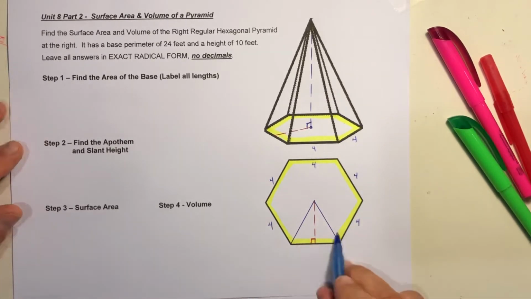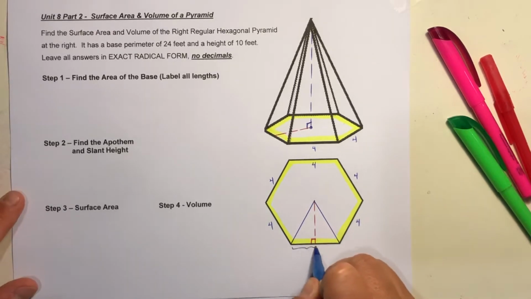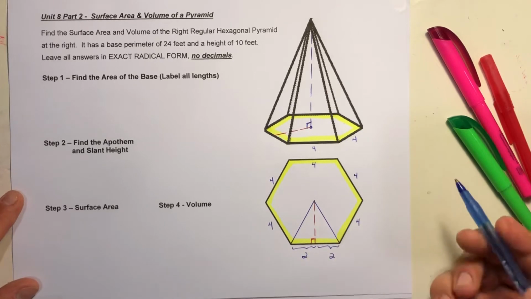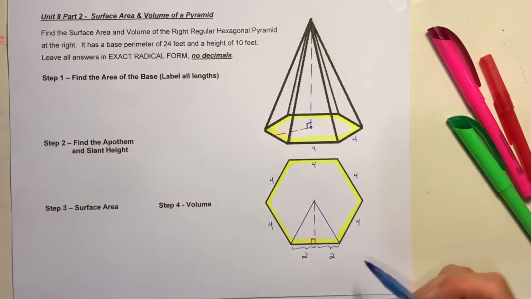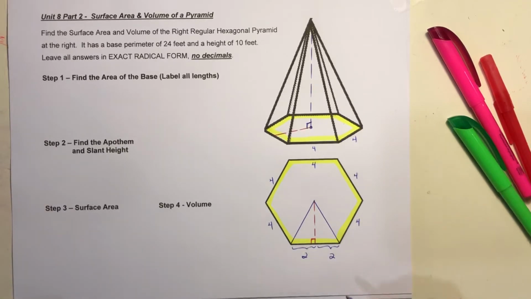Now when we get down here, guys, I think we should recognize this by now. We're going to find the area of the base by cutting it up into triangles. This length here will still be 4, but it's bisected into 2 feet each. Since this is a hexagon, I want to review something that's going to come up again in the next video.